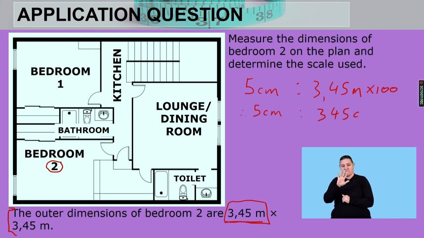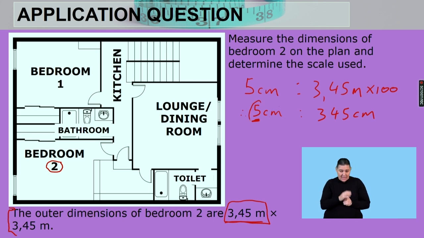Now, in this case, to get the scale, we need 1 unit on the left-hand side, and that must be equal to whatever the answer is on the right-hand side. And to do that, to get rid of this number 5, I've got to divide both of these sides by that number. In this case, it's 5, but it could be something else later. So just be aware of that.